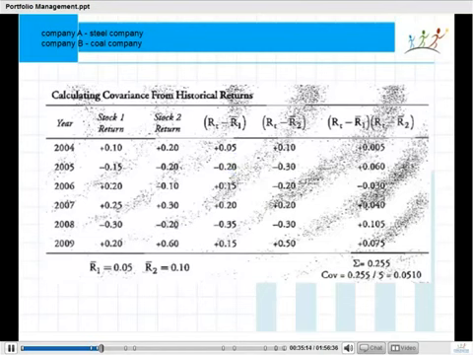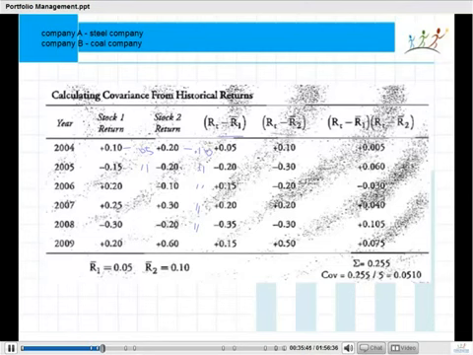Essentially, for stock 1, subtract 0.05 from all values. And for stock 2, subtract 0.10 from all values. This will give you the deviations of stock 1. This is the deviation of stock 2.